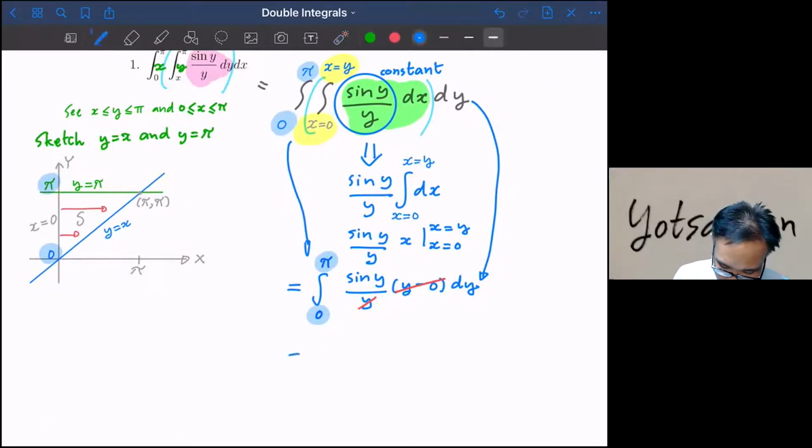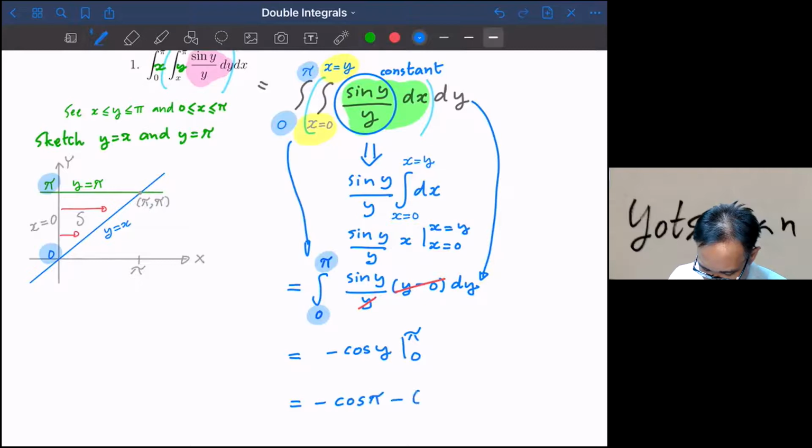So for this guy, the integral of psi is negative cos y from 0 to pi. So it's going to be negative cos pi minus negative cos 0.